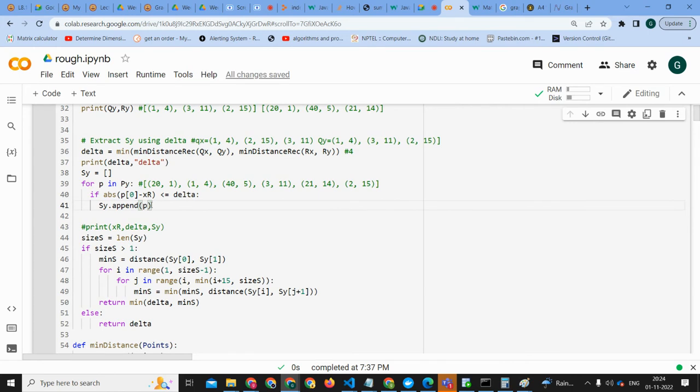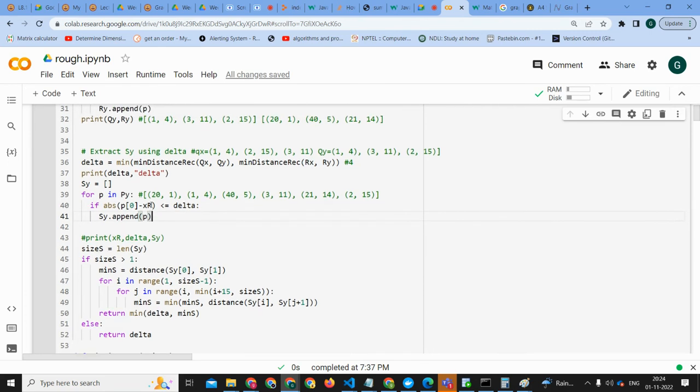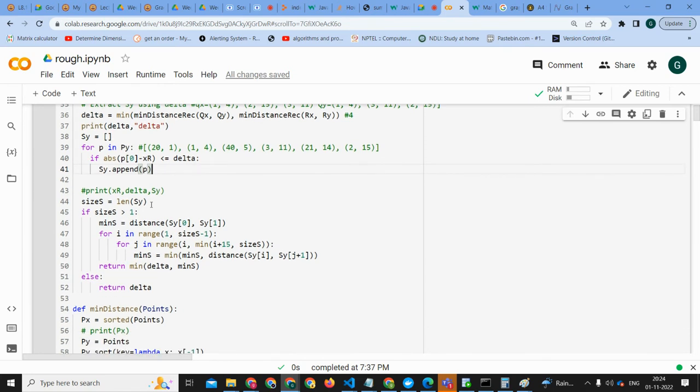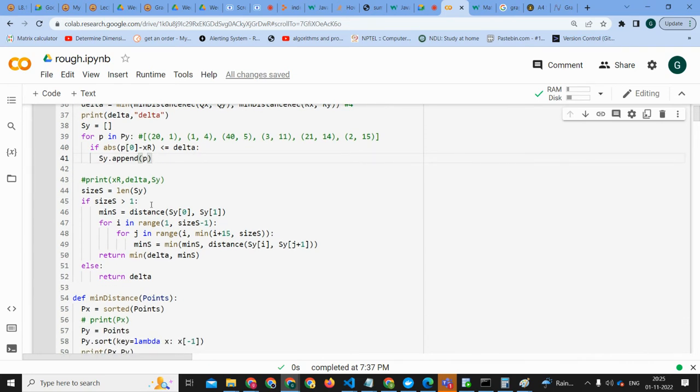Once we have constructed that SY, we are sorting the SY on the Y axis, from bottom up. Then in that region we are finding the minimum distance between 2 points. Is it lesser than delta or not? If there are 2 points in that region having distance less than delta, then we are updating our delta and merging the two regions together.